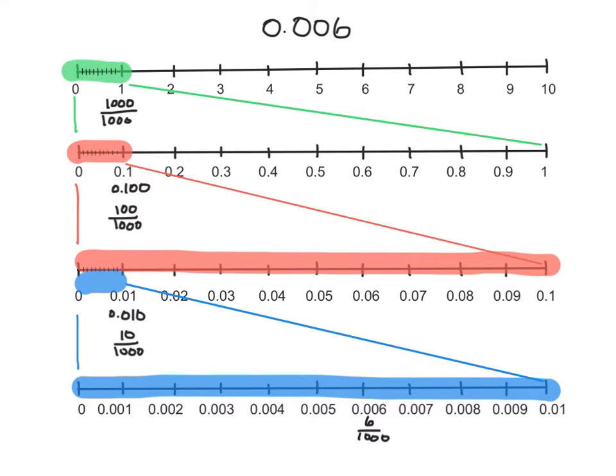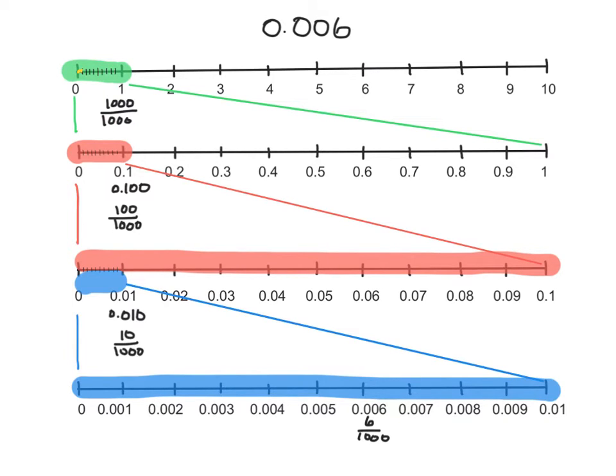So if I was going to put 6 thousandths on this number line, well, 6 thousandths is less than 1, because 1 is 1,000 thousandths. So 6 is going to be so tiny, it's not even going to be before the first mark on there. So I've got to put this 6 thousandths really close to 0 in here.